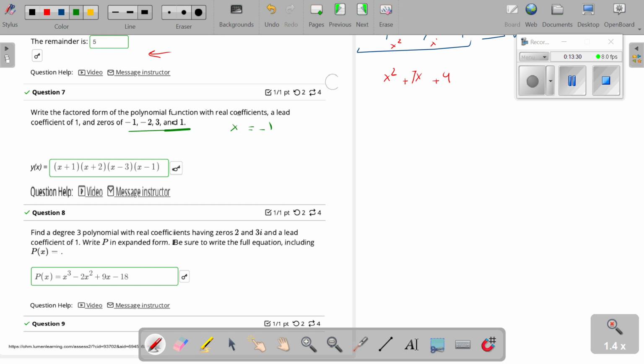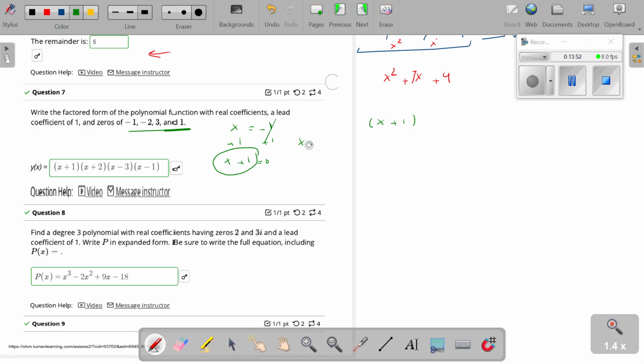Then the factor that created this is x plus 1, because I'm going to move the 1 to the left side. So it's going to be x plus 1 equal to 0. So this is the factor that created negative 1. So I'm going to write x plus 1. That's one of the zeros.